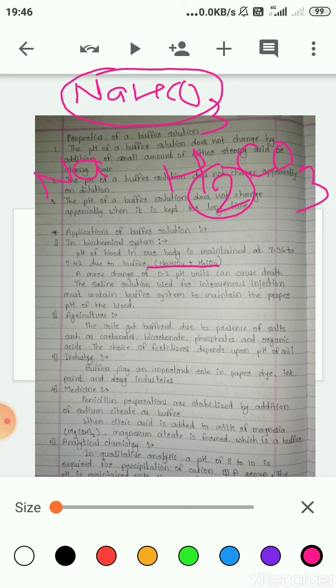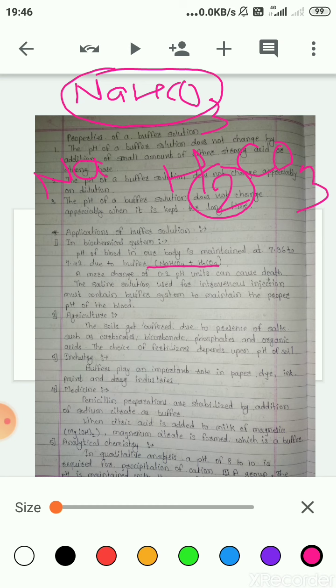So due to this acidic buffer solution, the pH of our body is maintained at 7.36 to 7.42. And if the pH of the blood changes by 0.2 pH unit, it will cause death.